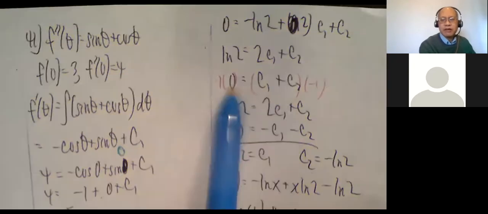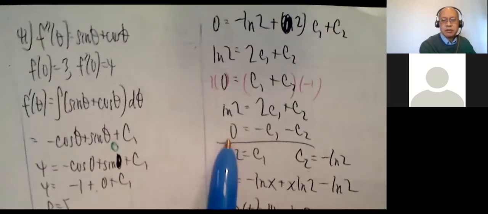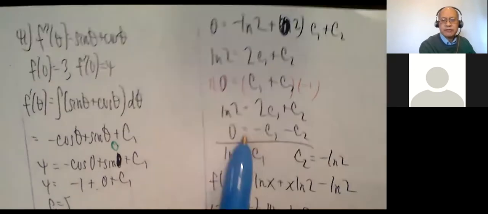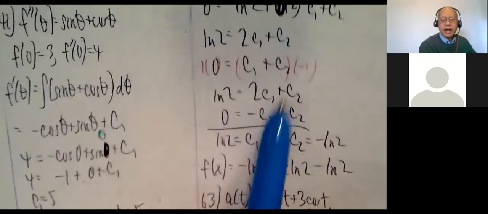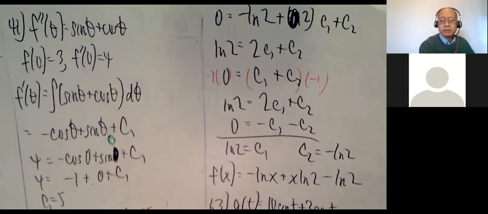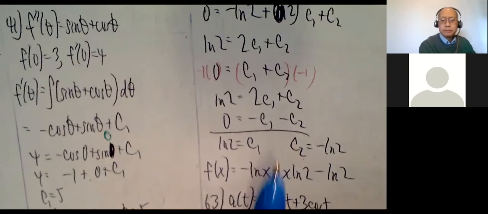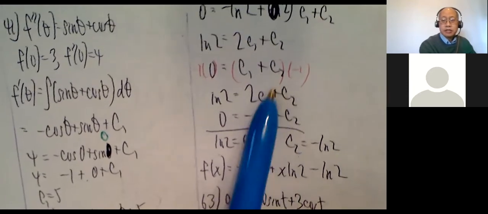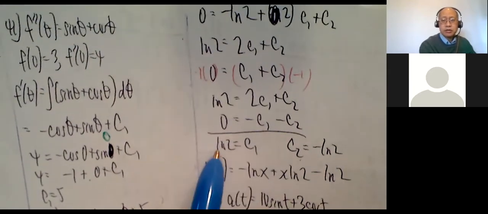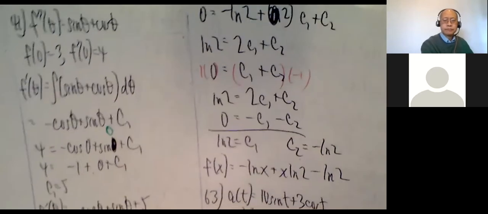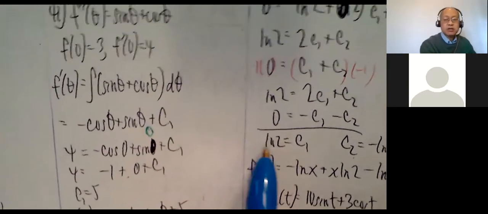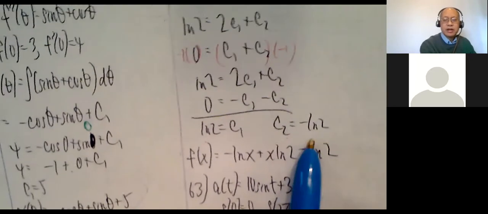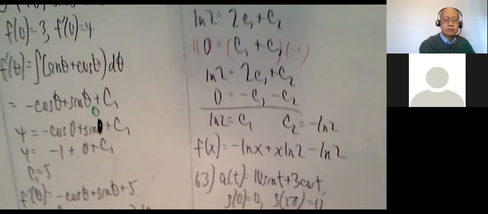Multiply the second equation by -1. -1 times 0 is 0. -1 times this would be negative c1 minus c2. And then I add them up. Remember doing that in algebra? So add these up. This drops out. C1 is natural log of 2. And since C1 and C2 are opposites, if this is natural log of 2, C2 is negative natural log of 2. And there we go.